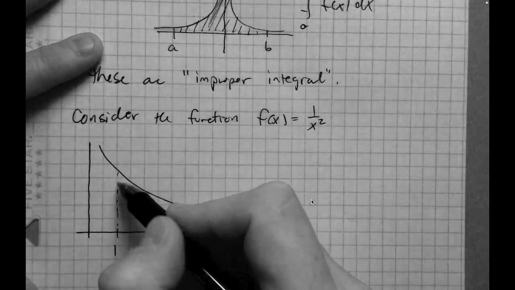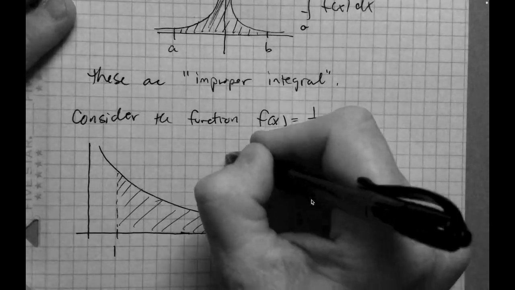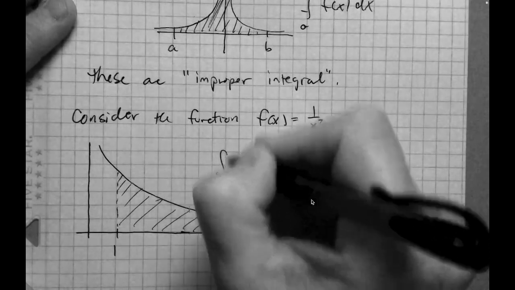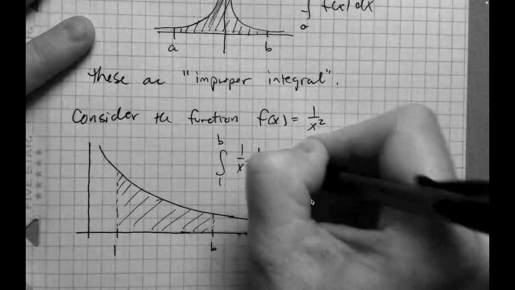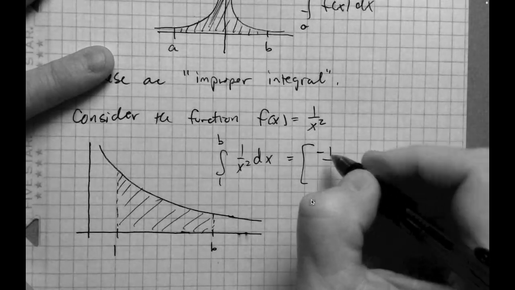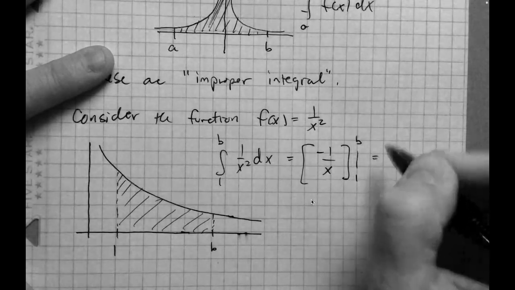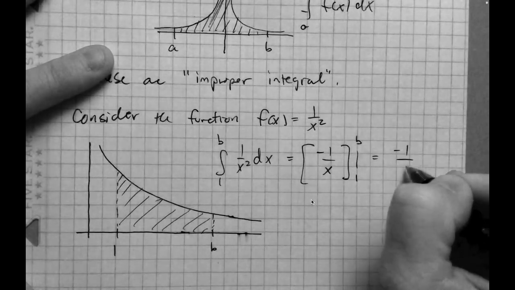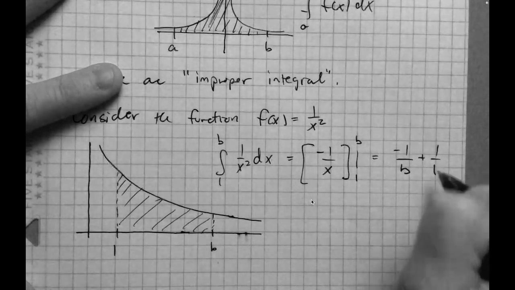Now this area here can be captured by the integral from 1 to b, whatever b happens to be, of 1 over x squared dx. We could quickly do this. This is negative 1 over x from 1 up to b, and so we get negative 1 over b plus 1 over 1.